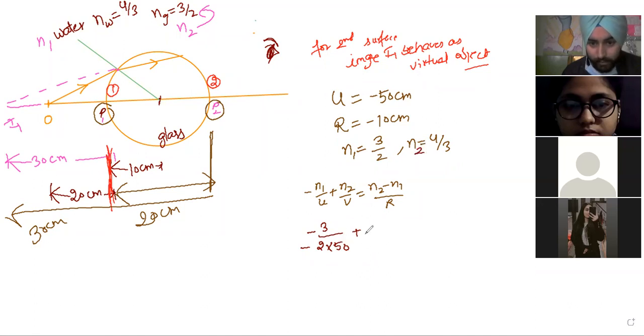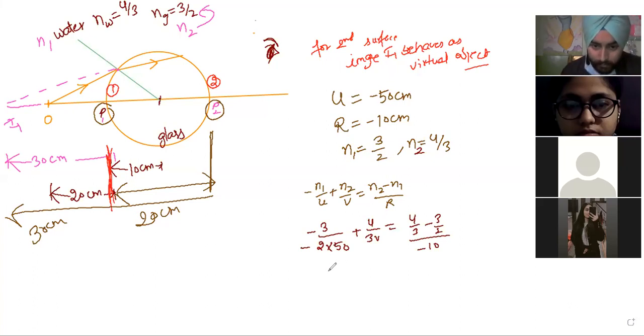So what is the value of n2? N2 becomes 4/3v, and that is equal to n2, 4/3 minus 3/2 divided by r, that is -10.